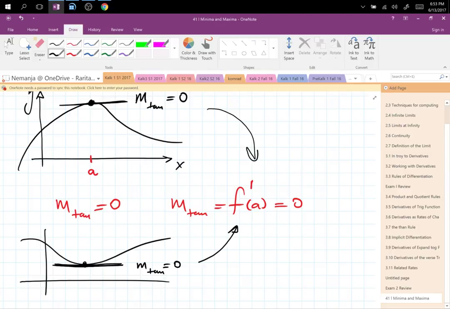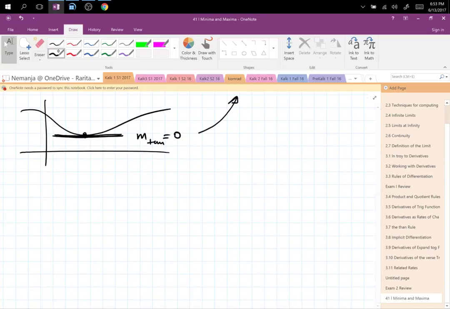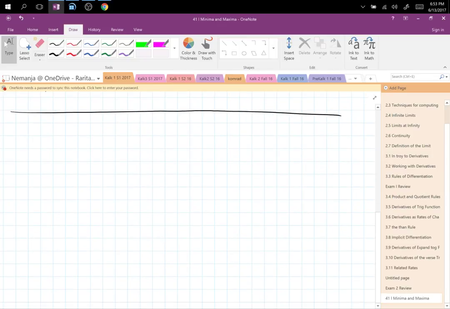First, we talk about types of min and max, and then we'll go back and redefine everything. So in this situation, this point here is called the absolute max, and this one over here is called relative.